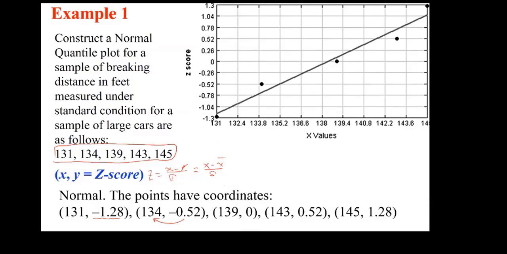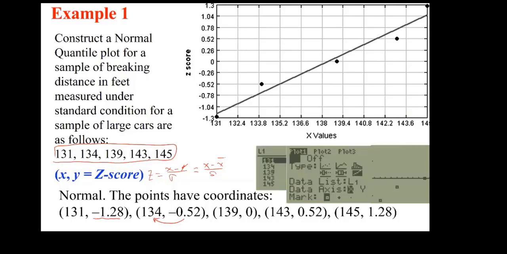X values along the horizontal axis, z-scores along the vertical axis. And of course, if you were to use technology that was mentioned, I hope everybody remembers how we use the technology. And this appears to be a linear function, and therefore it's normally distributed.